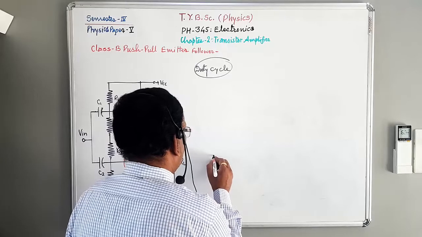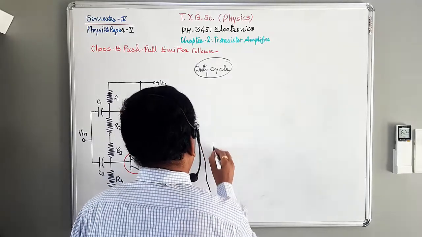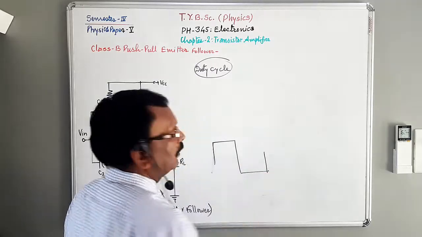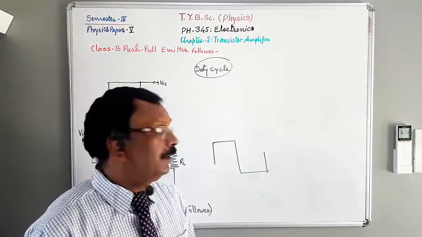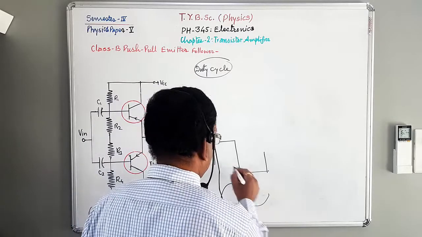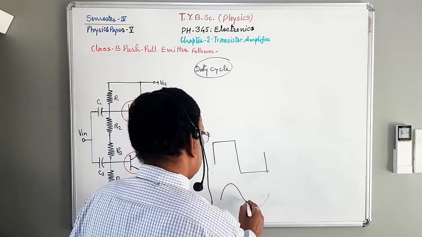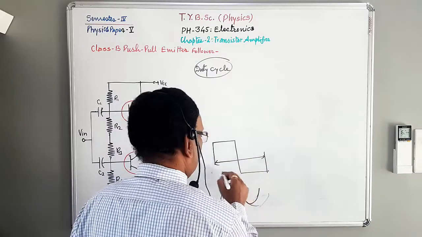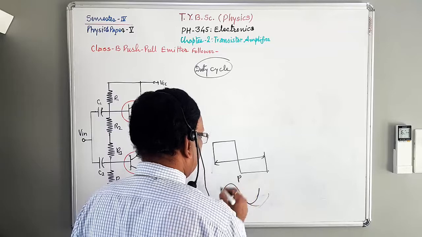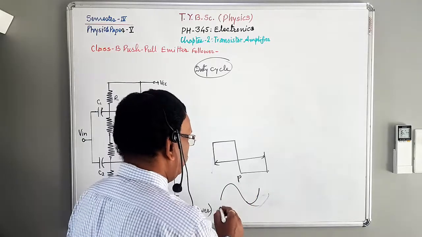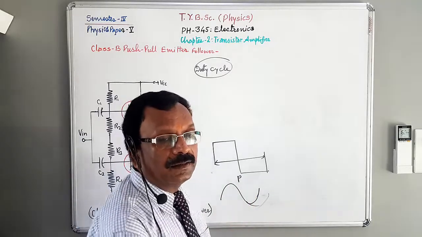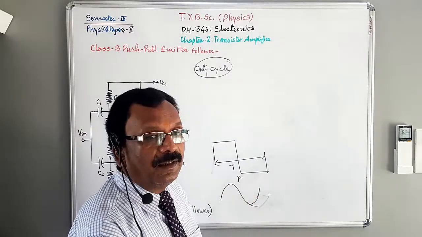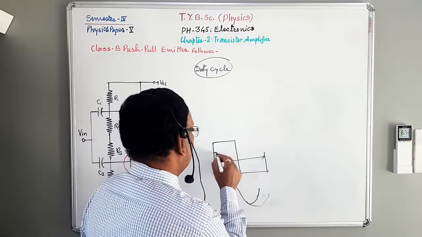Suppose this is the pulse, or this is the wave, or this is a square wave and this is a sine wave. Now this is the wavelength, or we can say that this is the period. Suppose the period is denoted by T, and suppose this is the width.